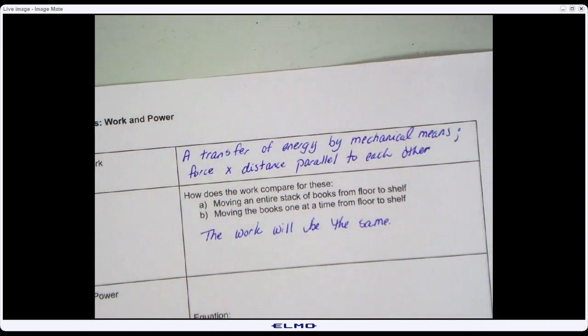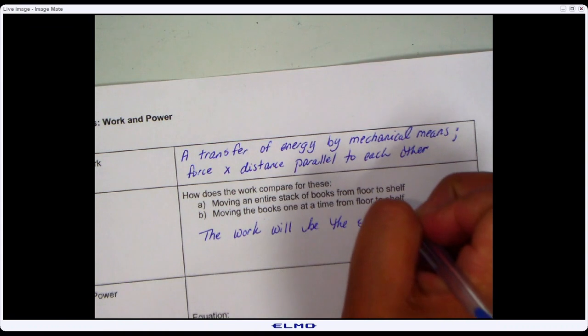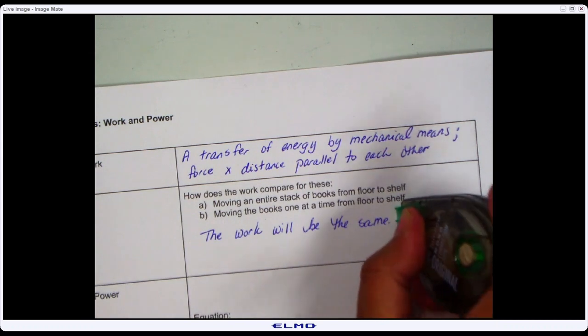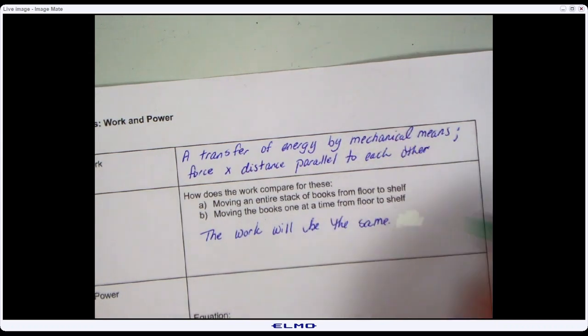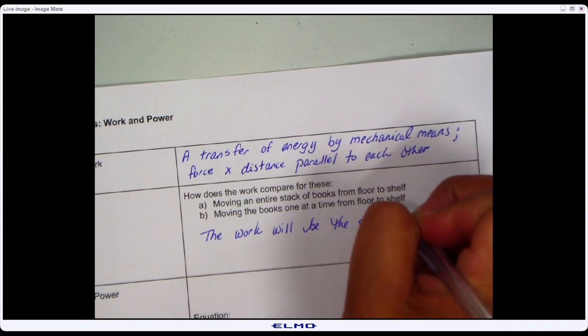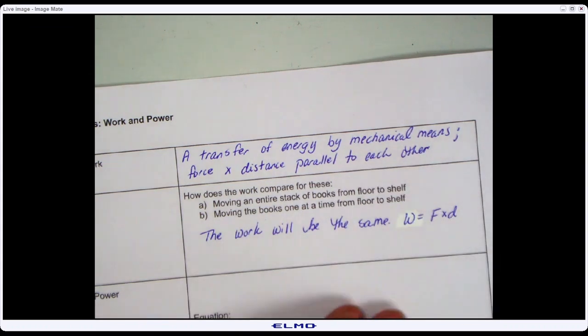Okay, so we said the work will be the same. Why is it going to be the same? Work equals force times distance, and your force is your weight.